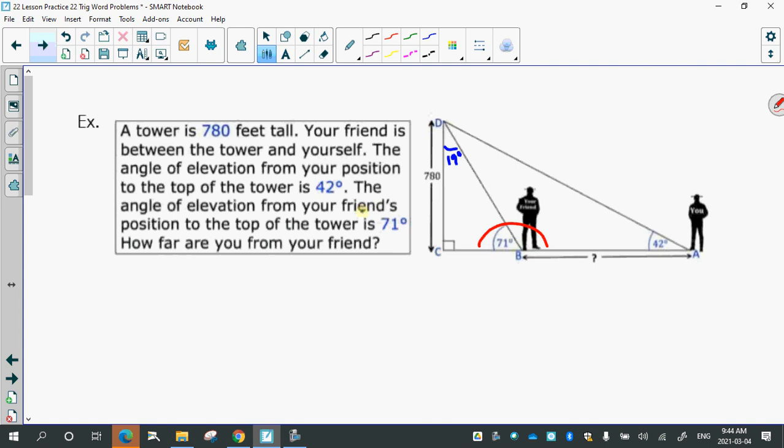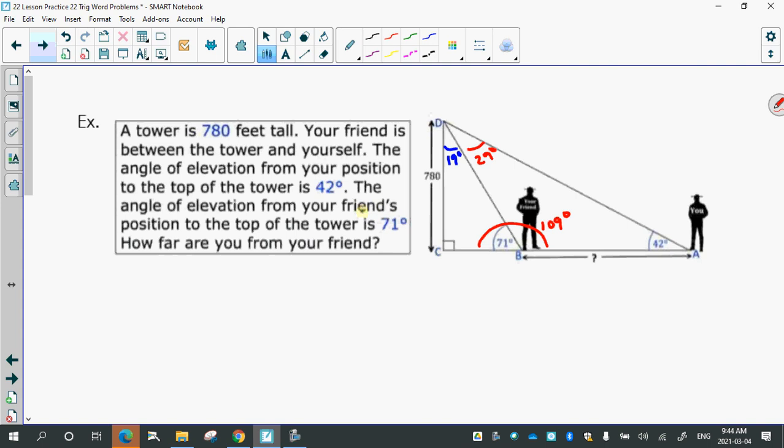Is everyone good there? So 180 minus 71 gives you 109. So this angle here is 109. And if I know these two angles, I know that one up there, right? 180 minus 109 minus 42 is 29.